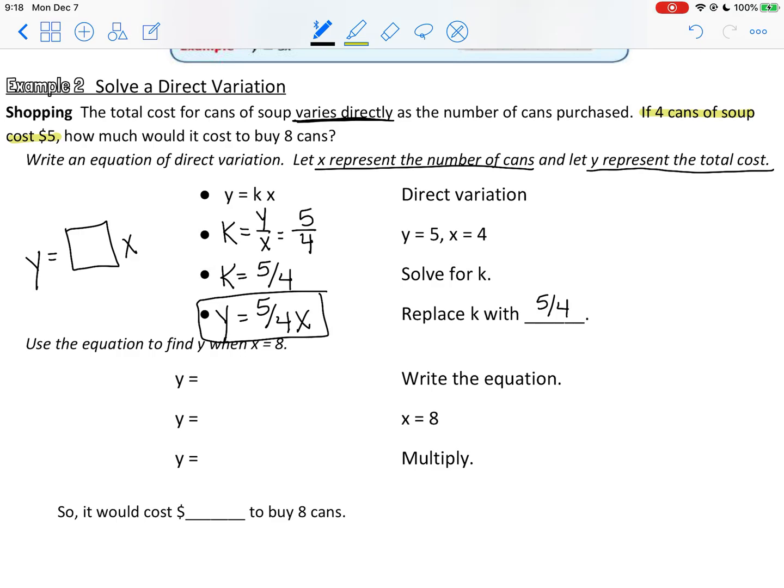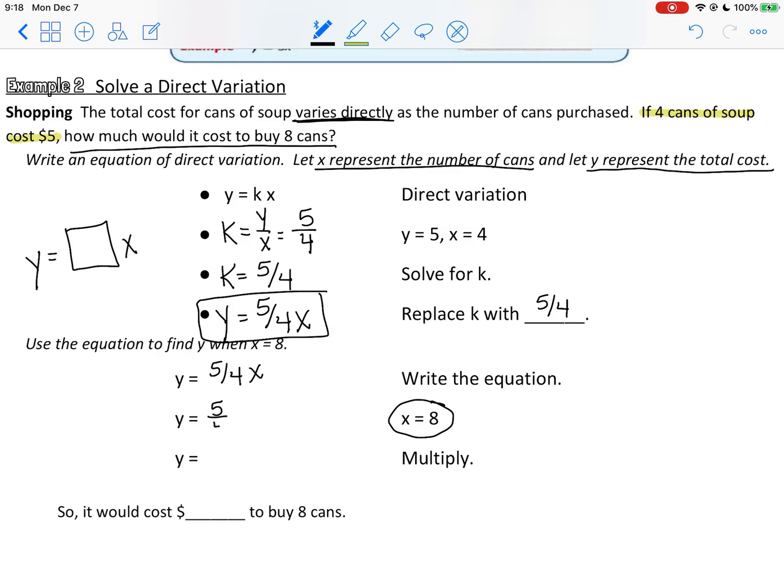So that's the first part. I have to write the equation, and I find the number that I'm going to plug in by taking one specific situation and dividing that y value by the x value. Now that I have this equation, I'm going to use it to figure out how much 8 cans would cost. With this equation, y equals 5/4 x, I need to buy 8 cans, which is an x value, and I'm going to plug that in.